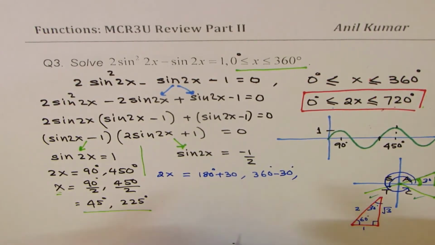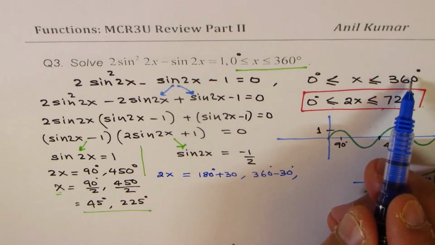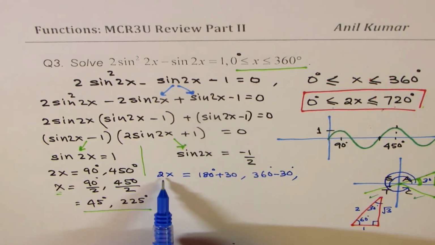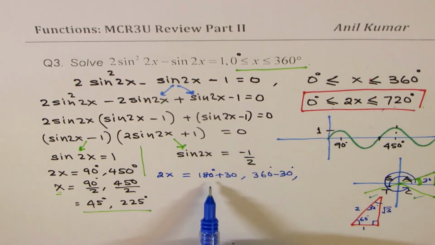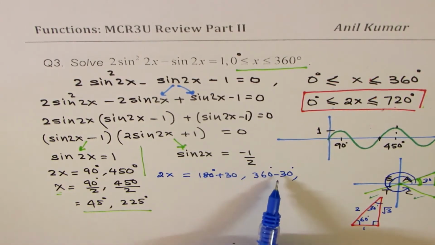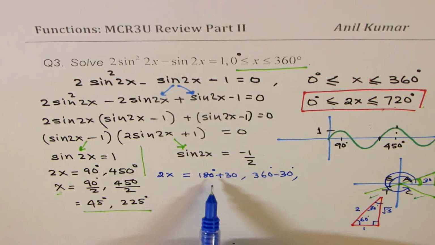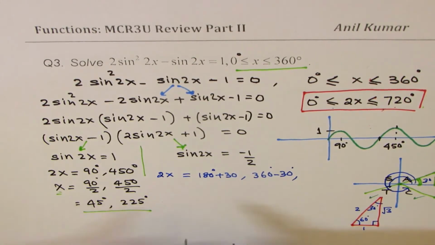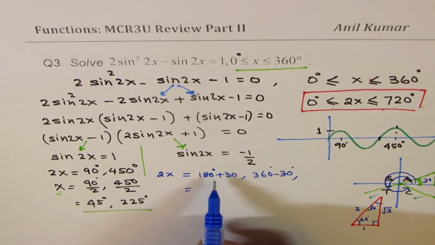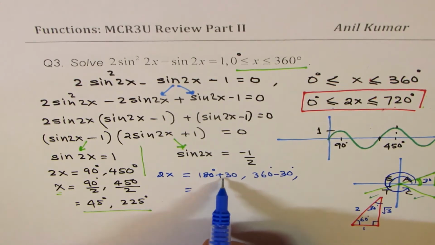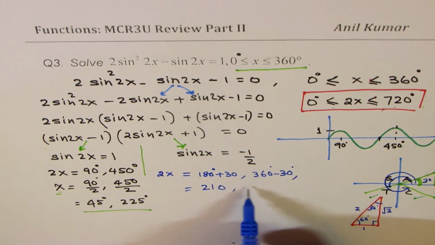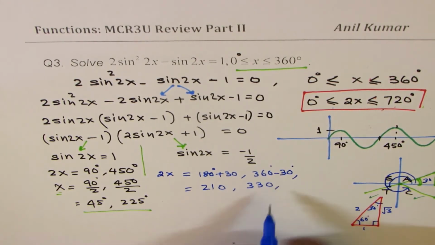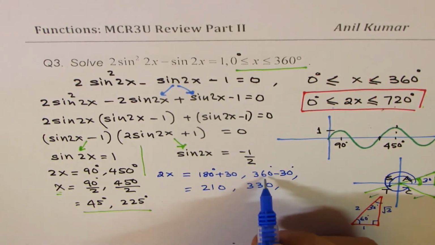Now these two angles are within 0 to 360. Since we have 2x, we are going to work in the domain 0 to 720. So add 360 to these. You get it? Add 360 to these, correct? So let me work it out. 180 plus 30 is 210. The other gives me 330. Now we are adding 360 to this.